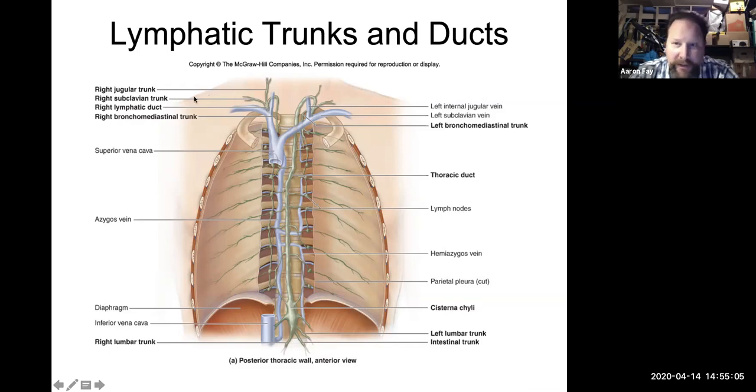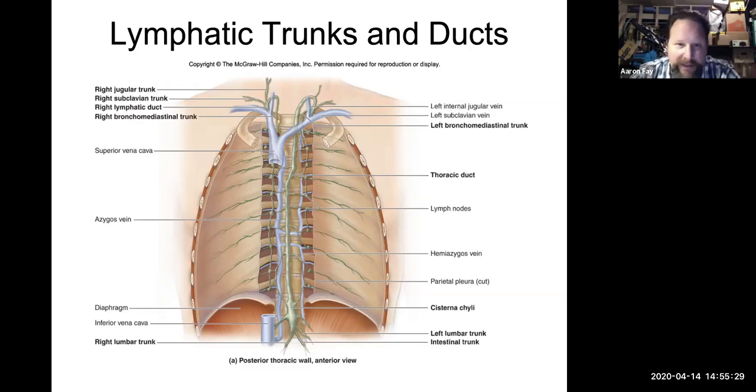Now notice that the right side is only draining the right side of the head, the right arm, and the right center portion of the chest. The whole rest of the body is actually drained by the left lymphatic duct. Excuse me, I misspoke.